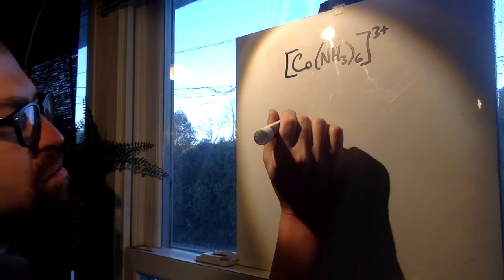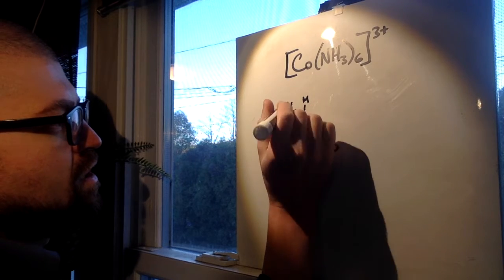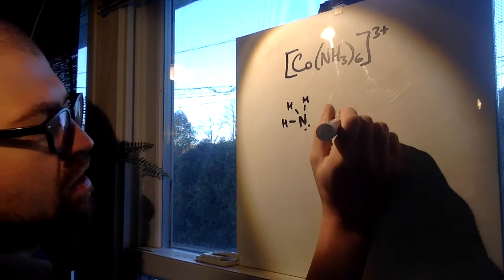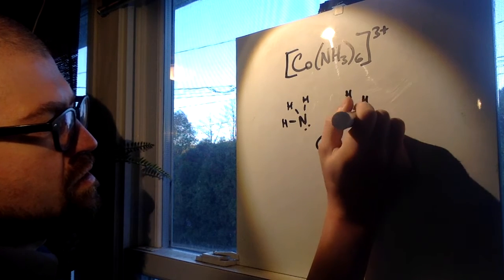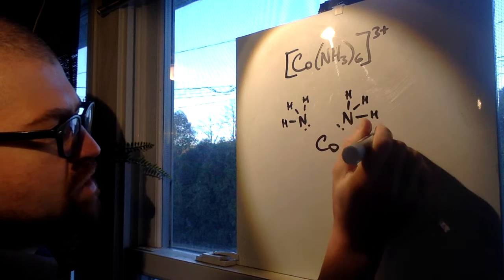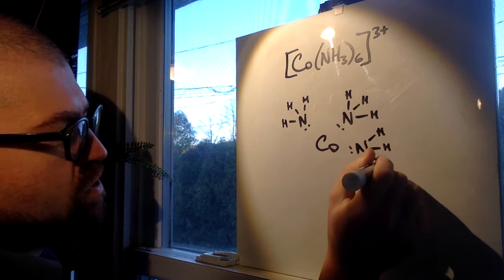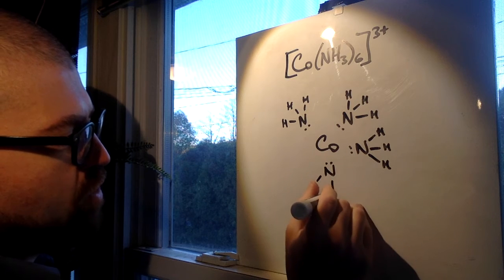And essentially what's happening is that the unshared pair on each of the ammonia molecules will actually be drawn towards the cobalt, and we're going to have a partial covalent bond.